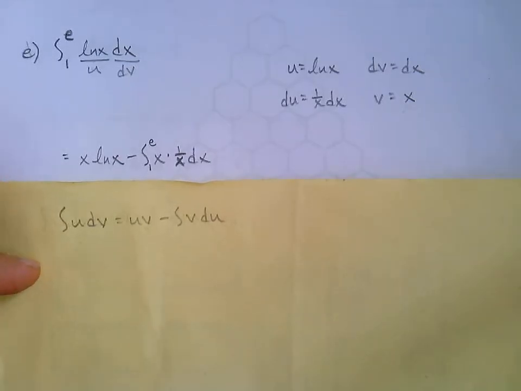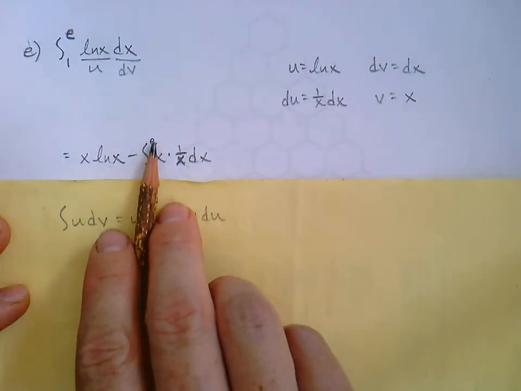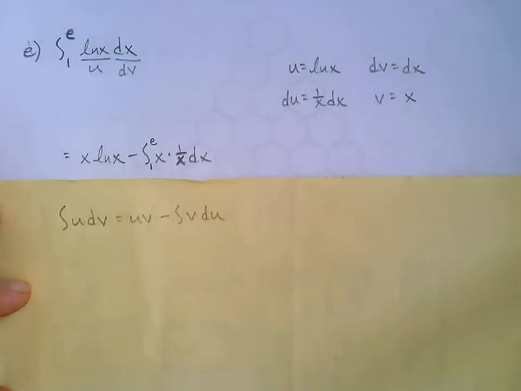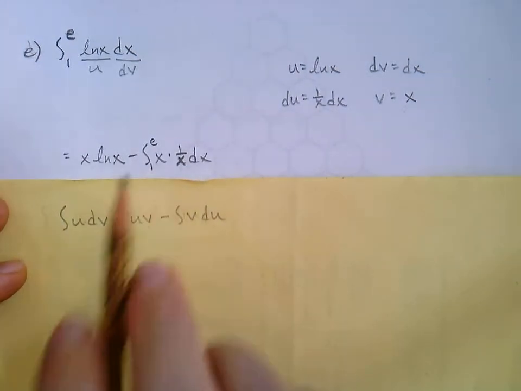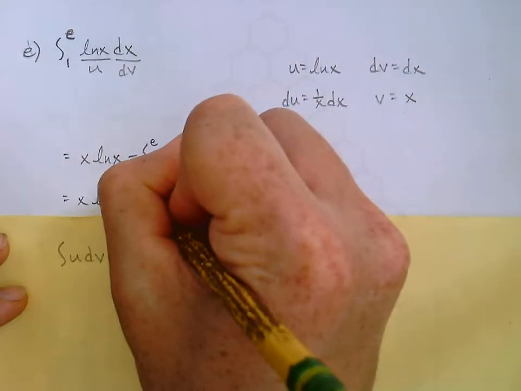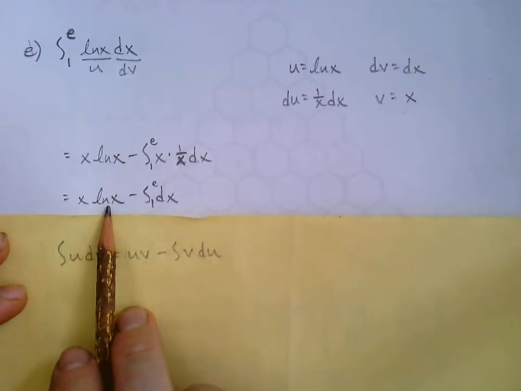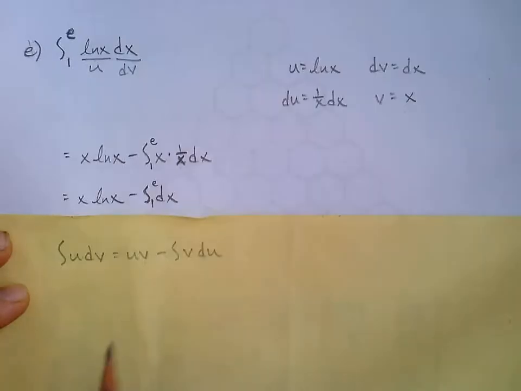And we'll repeat those limits 1 to e there on that integral. Okay, hey, this is great. X times 1 over x, well, those cancel out. And we've got x natural log x minus integral from 1 to e dx.